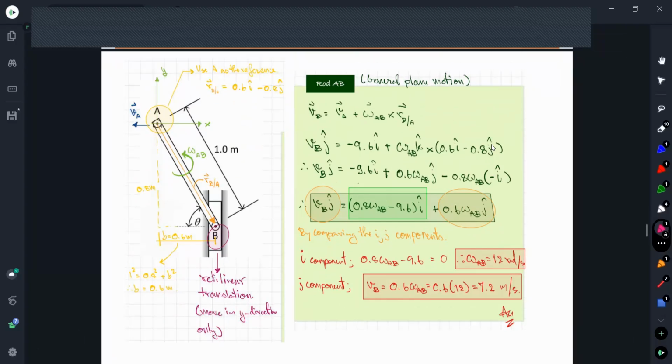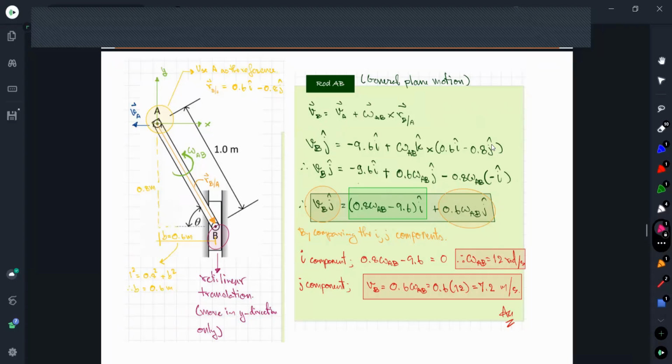Now we know the vector of velocity at point A, and we would like to find the velocity of point B. We set up point A as the reference point, so we set up the axis at point A. Then we form the equation that velocity of point B equals velocity of point A plus omega AB cross product with r B/A.